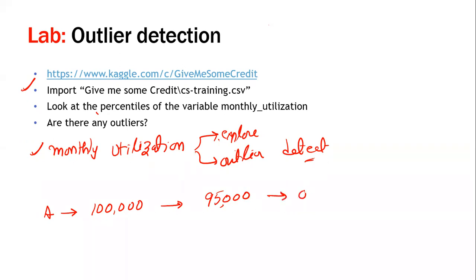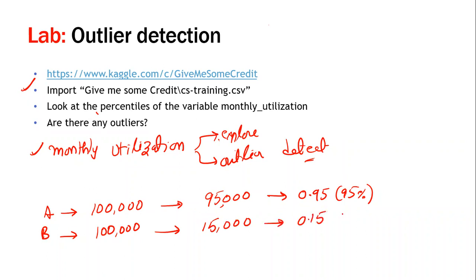So his utilization percentage is 0.95 or 95%. Customer B has a 1 lakh credit limit, but every month he uses 10,000 or 15,000, 20,000, something like that. So he uses 15,000 out of 1 lakh. His utilization percentage is 0.15, which is 15%.